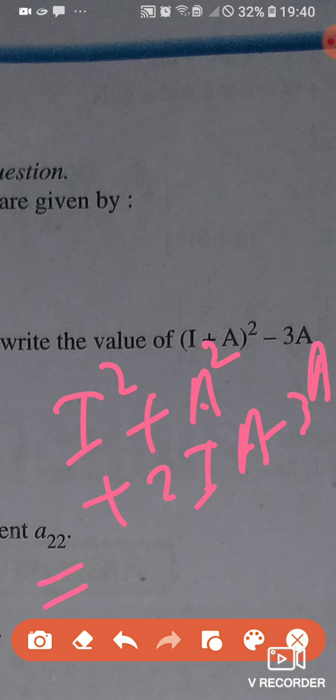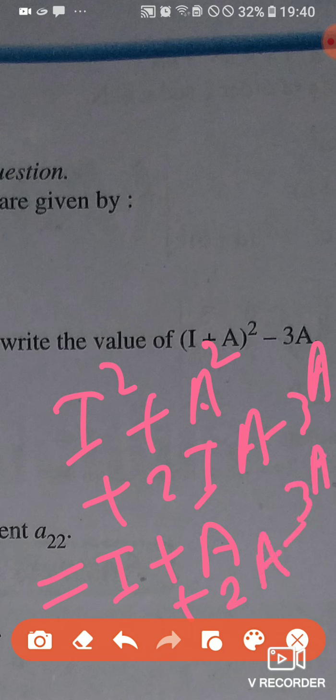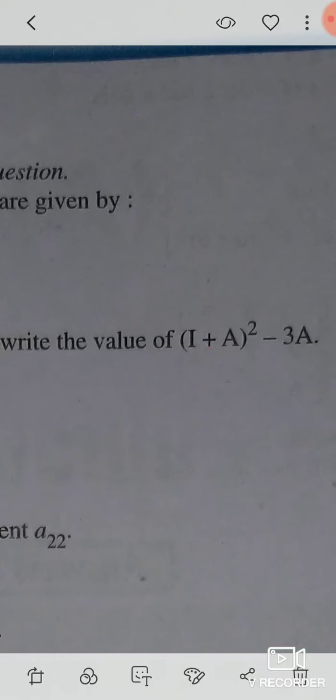Since I square equal to I and A square equal to A, this becomes I plus A plus 2A minus 3A. A plus 2A is 3A, and 3A minus 3A will be cancelled, only I you will get. So the value of this is I, meaning the identity matrix.